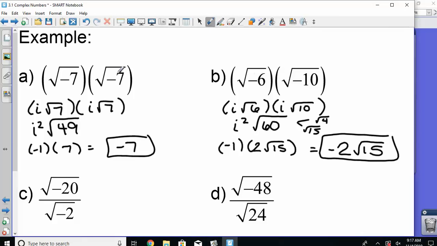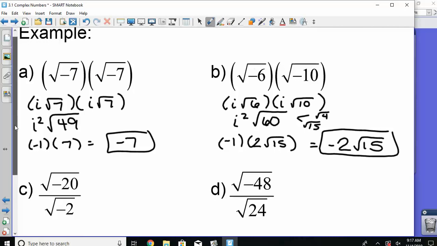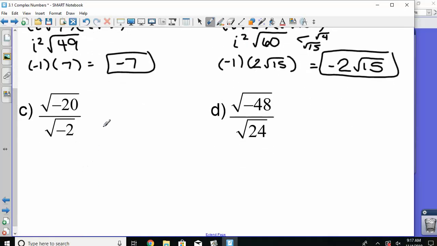Let's look at C and D. So I threw in some division. If we wanted, we could take out the i first. We could even break these up a little bit more. I'm going to wait just a minute before I do that. If you take out those i's, what happens? Cancel, don't they? You have i's on top and bottom.